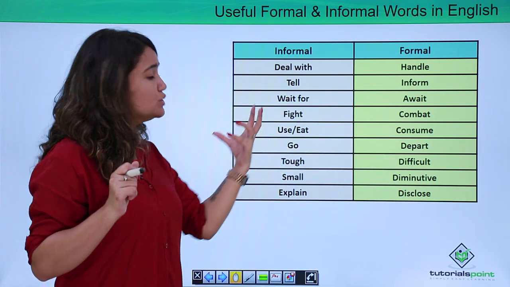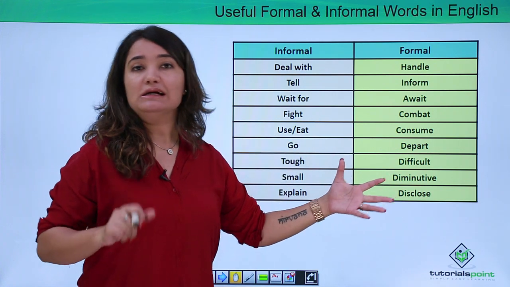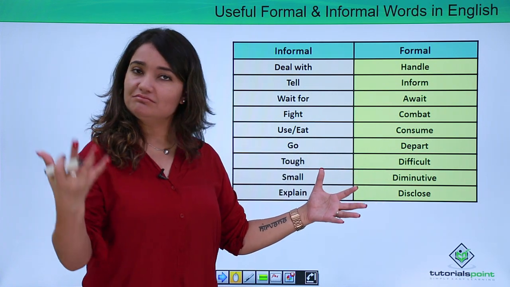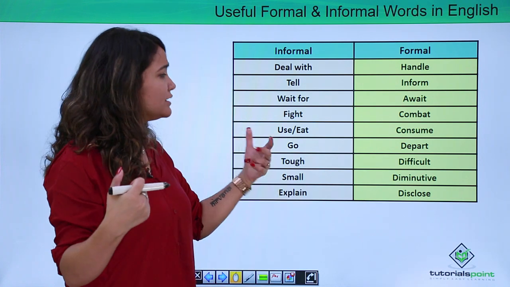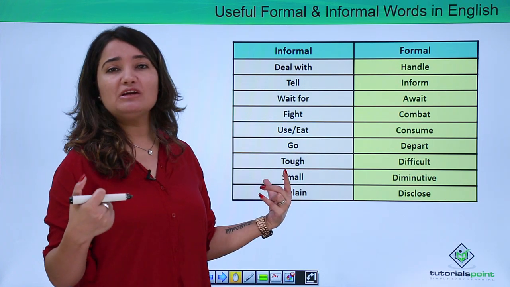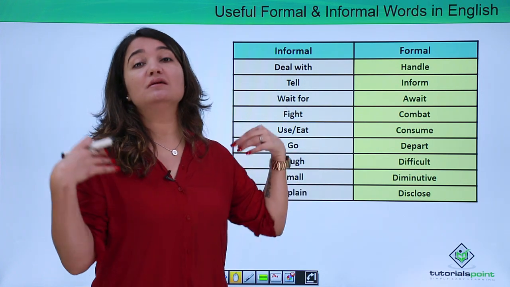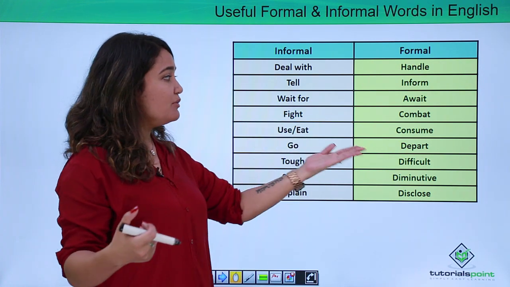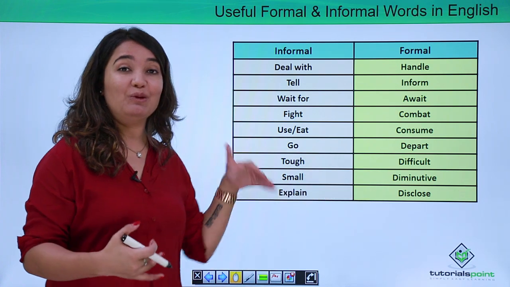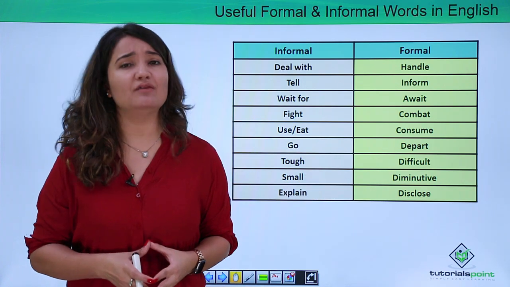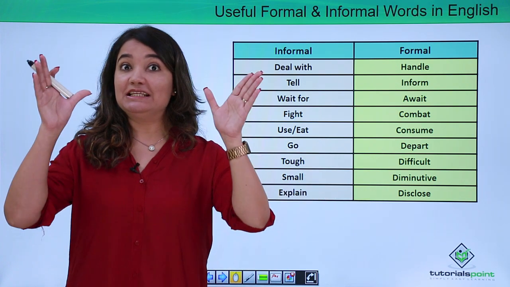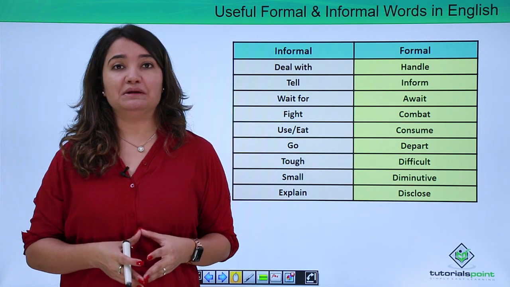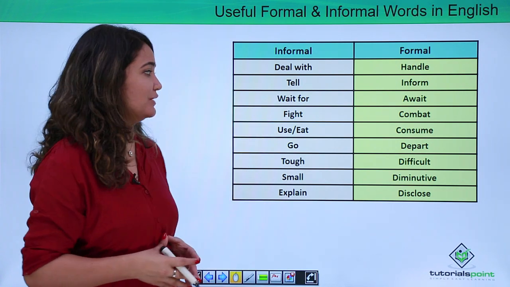Consume or use and eat. So consumption would be used in a formal environment. Not that it cannot be used in an informal environment, but consumption is a more formal way of saying the same thing. Same goes with depart and go. Go is a very informal way, but departed is definitely a formal way.